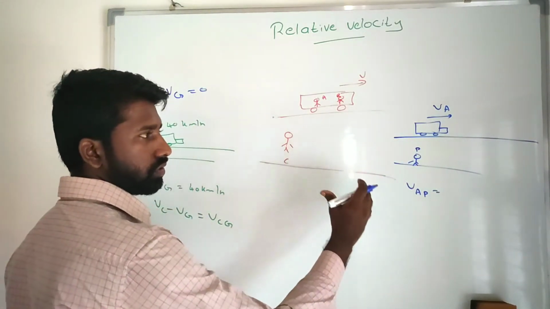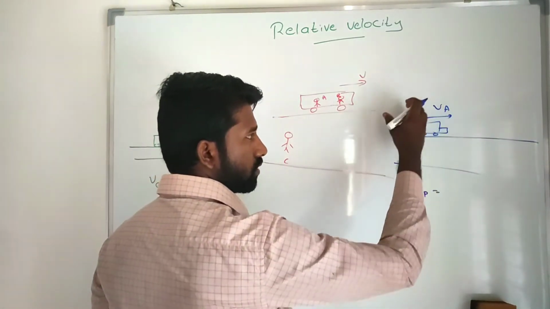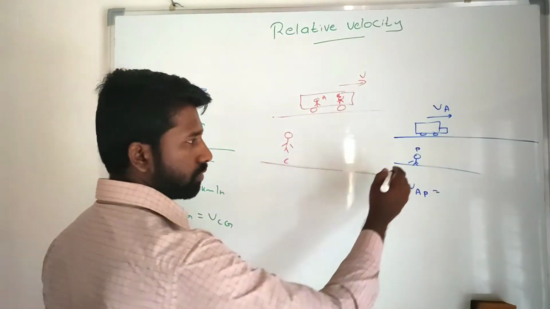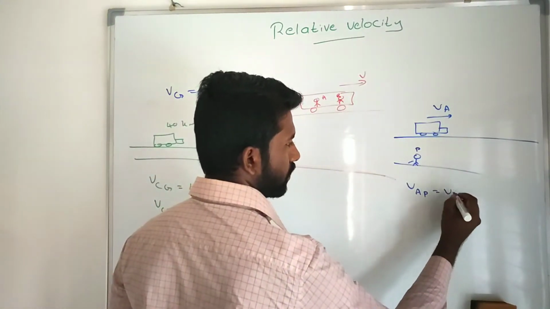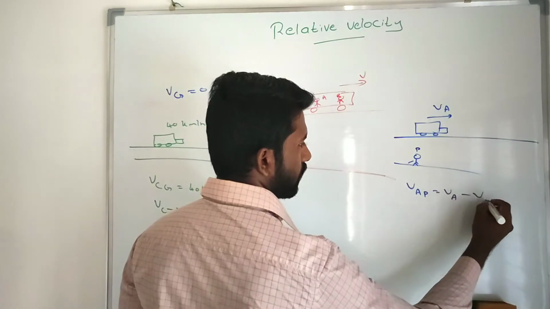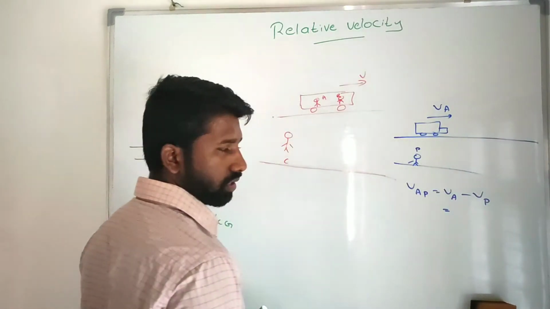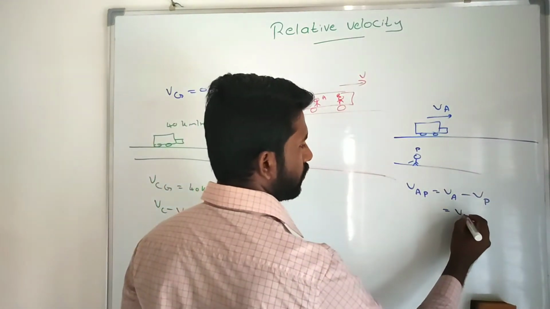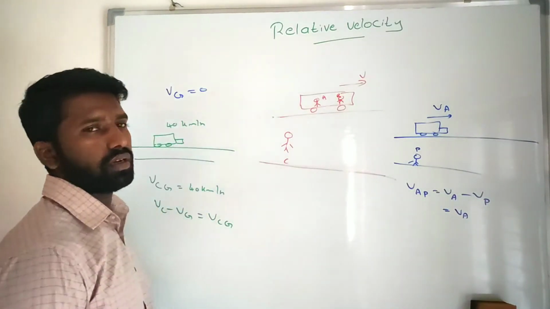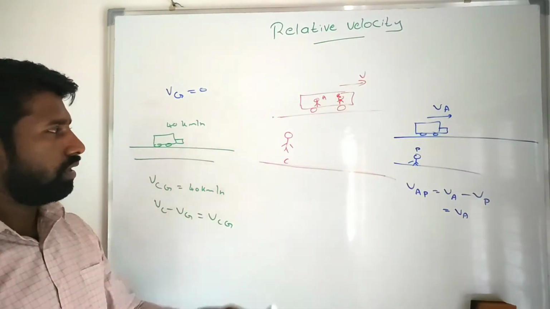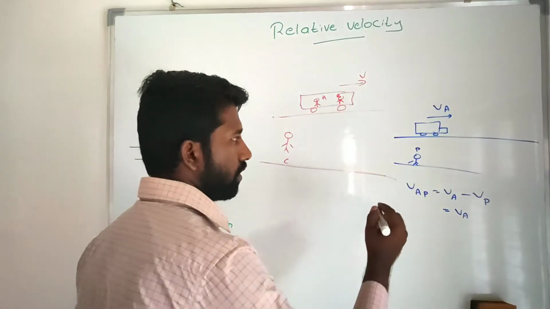With this velocity, this car appears to this person. This person is at rest. So velocity of the car A minus velocity of the person, the person is at rest so its velocity is 0, is equal to velocity of the car. Okay.